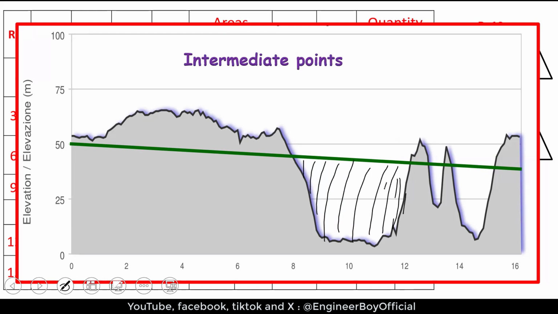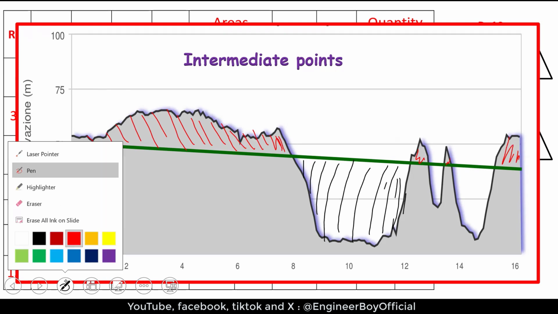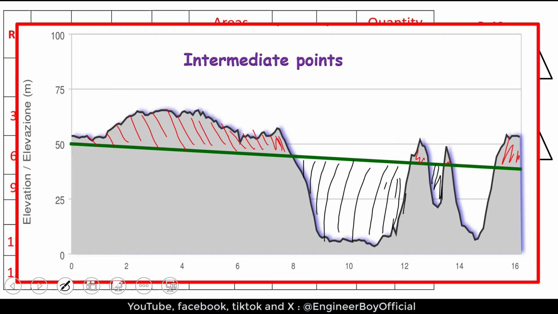You have to fill here, okay? And these red shaded places should be cut out. These are cutting, okay? And for the black one, these are filling. So this is the formation level.